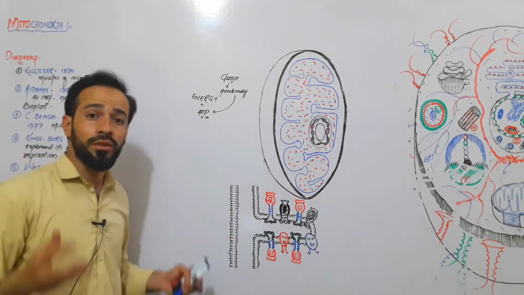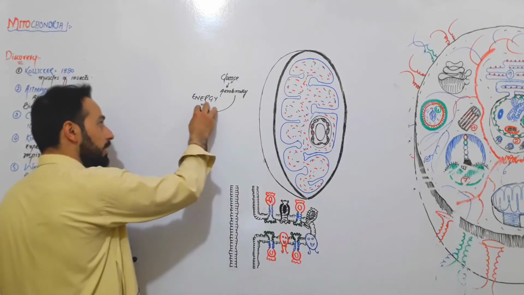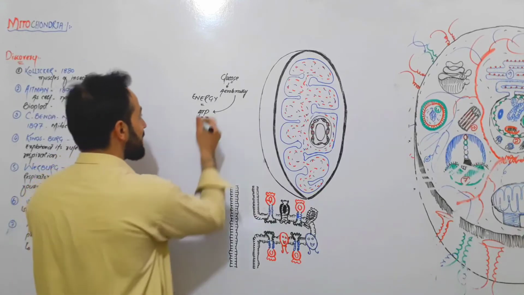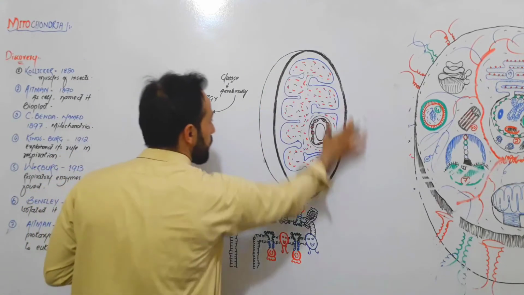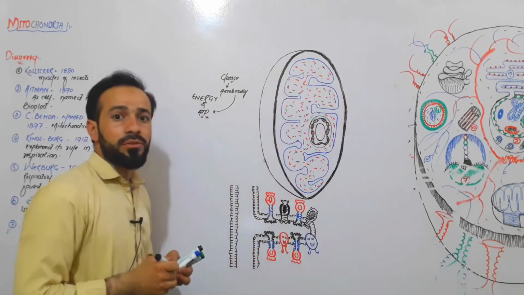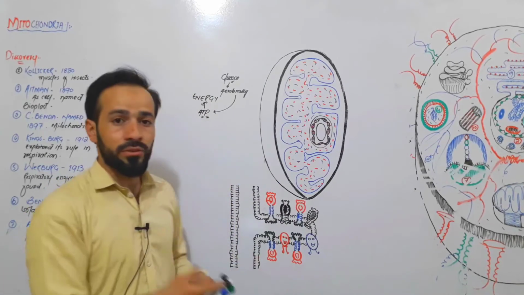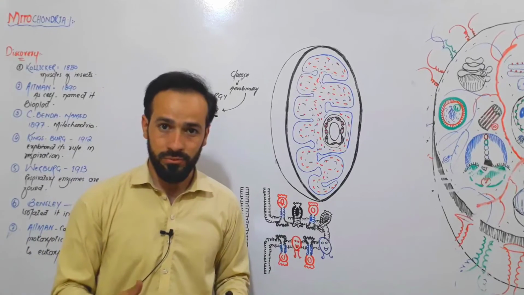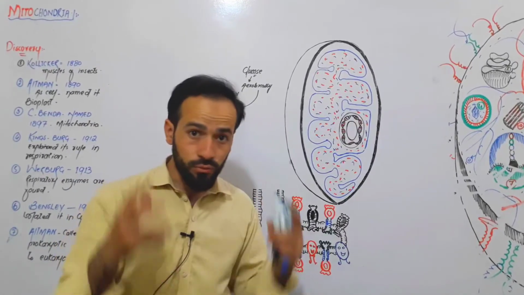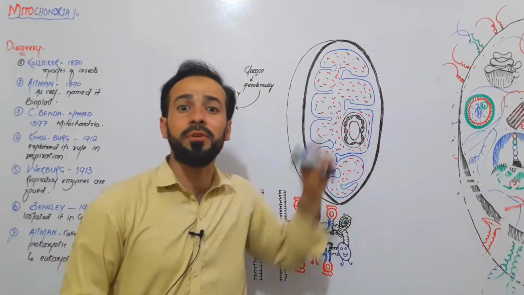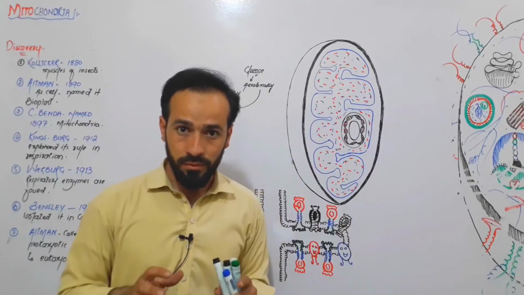And who is responsible for giving our cell this energy-rich molecule? The mitochondria are responsible. Mitochondria provide our cell energy, right? So if the cell is working properly, keep in mind that its mitochondria must be working properly, right?